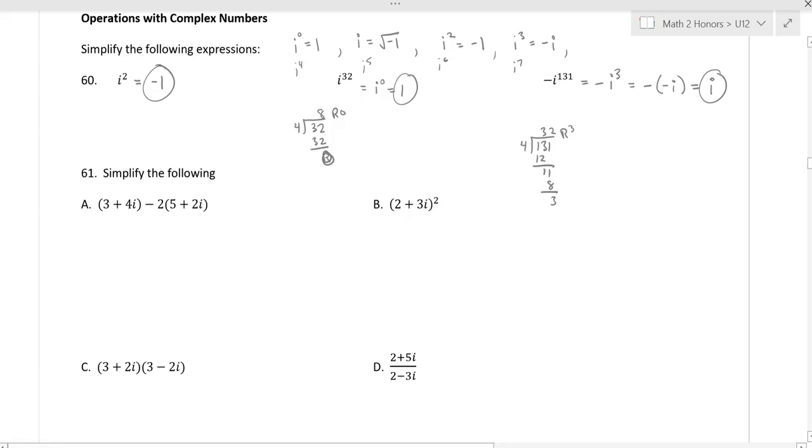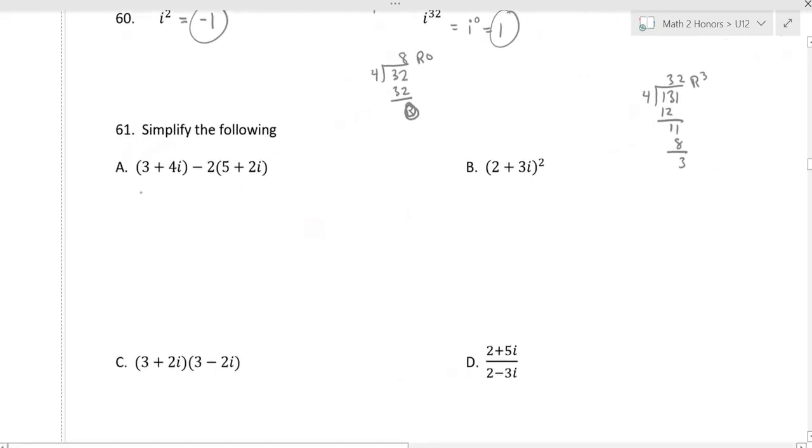61, Part A. First thing we want to do is distribute the negative 2, and then combine like terms. We got a positive 4i and a negative 4i that adds to 0, and 3 minus 10 is negative 7. On part B, we have 2 plus 3i times another 2 plus 3i.